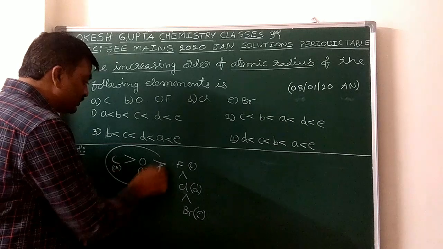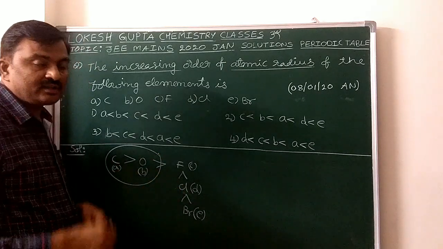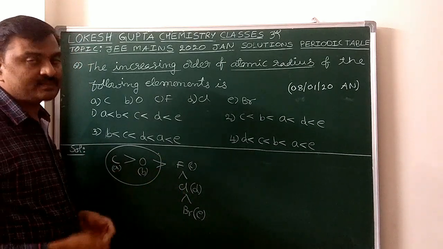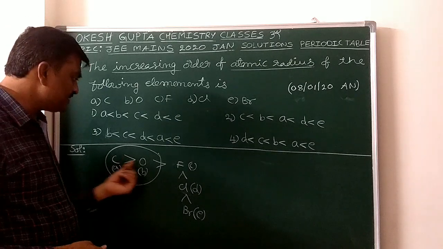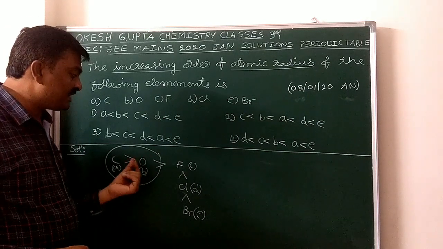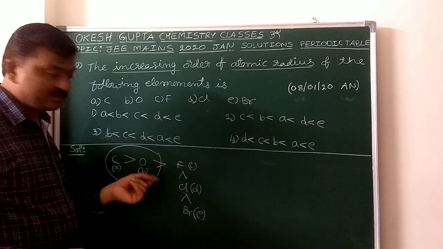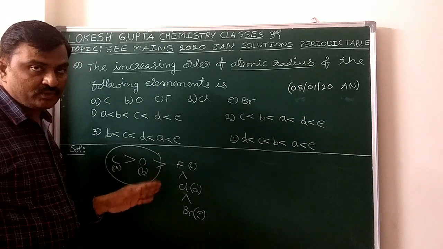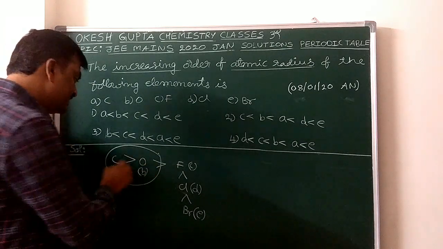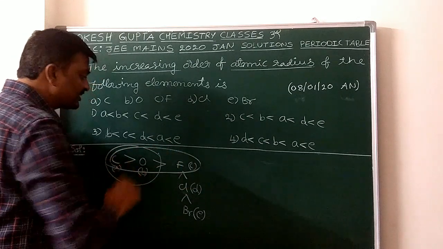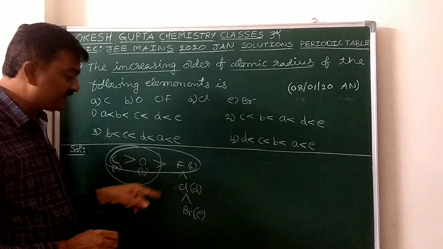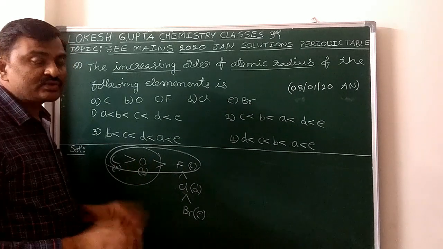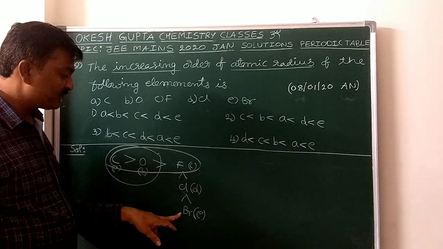Now these two, when compared with chlorine, are they larger or smaller in size? See, in the periods from left to right, size decreases a little bit, while down the group size increases more. So that's why these three elements are smaller than chlorine. So what will be the final order?